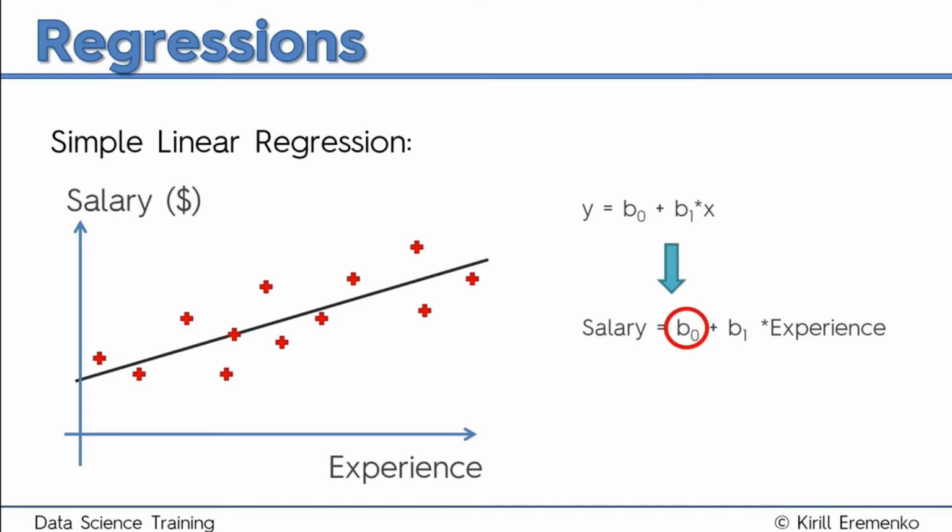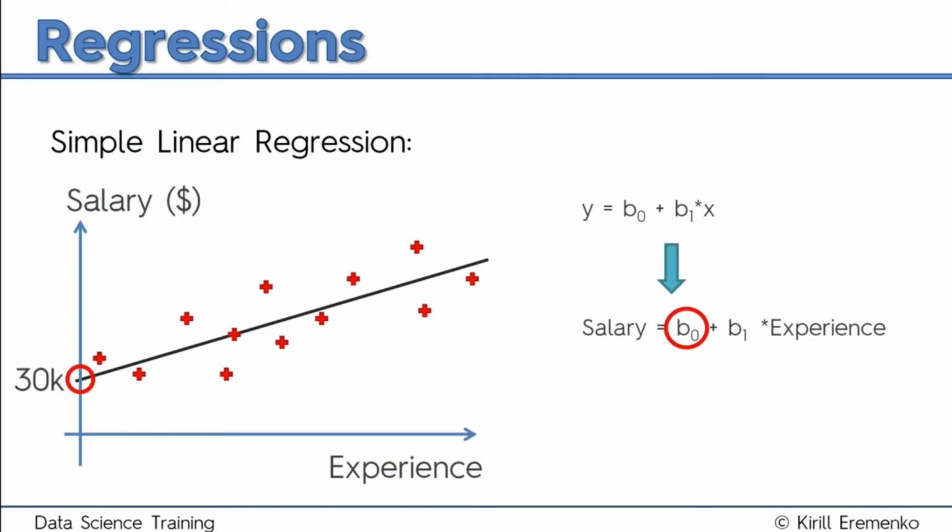So what does the constant mean here? The constant actually means the point where the line crosses the vertical axis. Let's say it's $30,000. What does that mean? It means that when experience is zero, as you see on the horizontal axis, then in the formula on the right, the second part, B1 times experience, becomes zero.